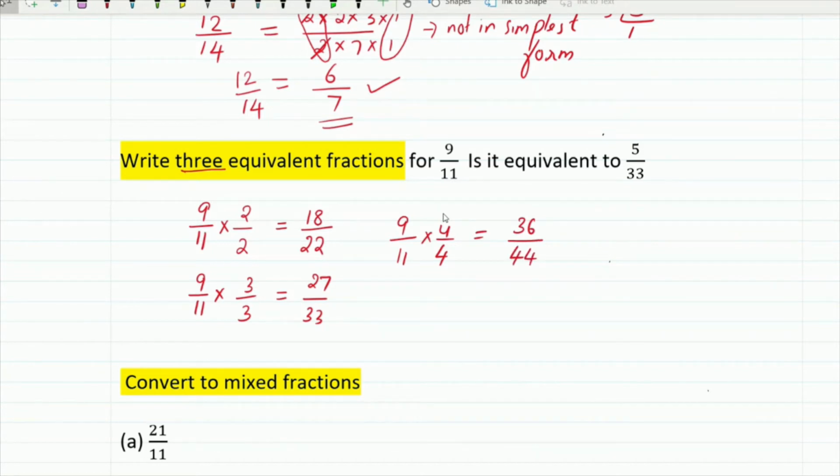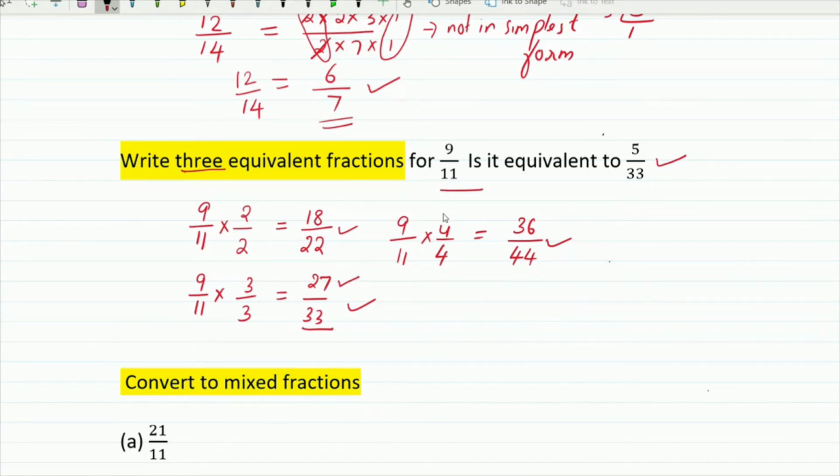Now 18 by 22, 27 by 33 and 36 by 44 are the 3 equivalent fractions of the given fraction 9 by 11. Now we have to check whether it is equivalent to 5 by 33. Here the denominator is 33. We also have a fraction with denominator 33 that is equivalent to 9 by 11, but our numerator is 27.